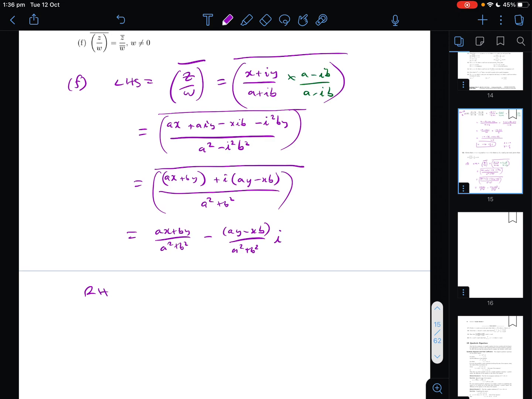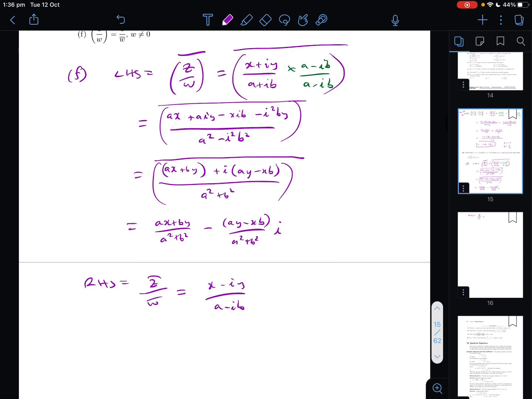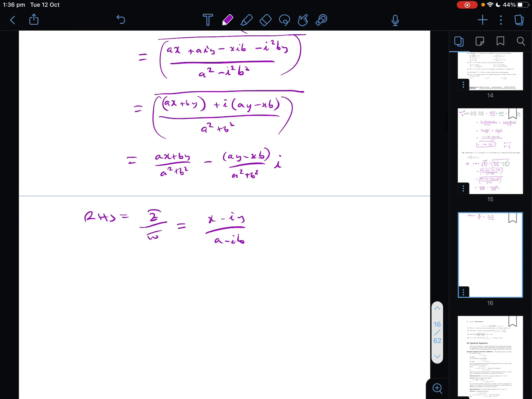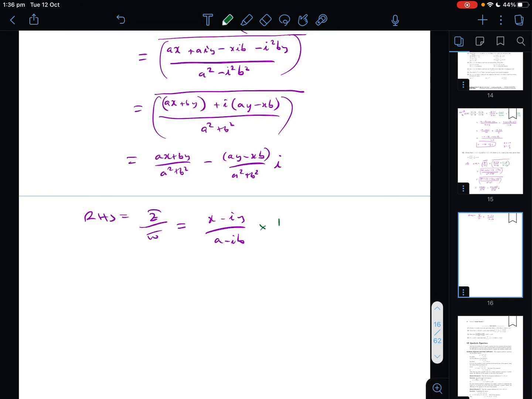The right-hand side is z conjugate over w conjugate, which is to say x minus iy over a minus ib. Conjugate of w is a minus ib. And then again, you're going to realize the denominator in much the same fashion: a plus ib times, a plus ib over a minus ib.